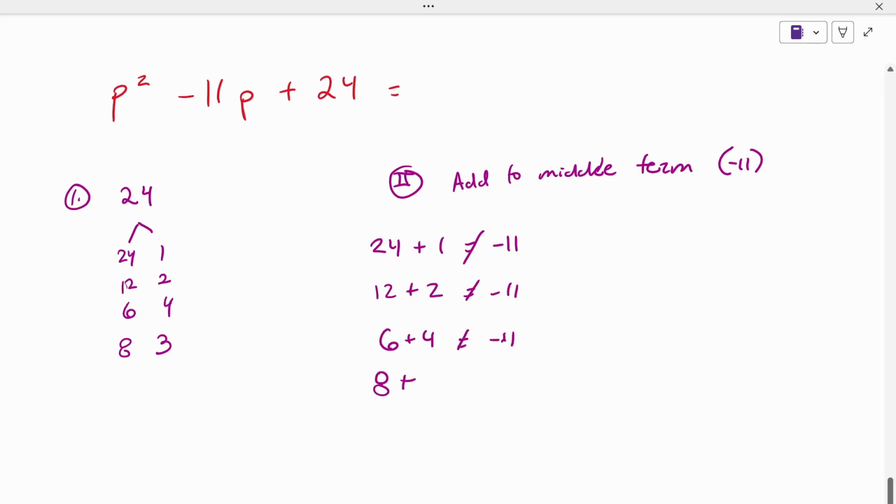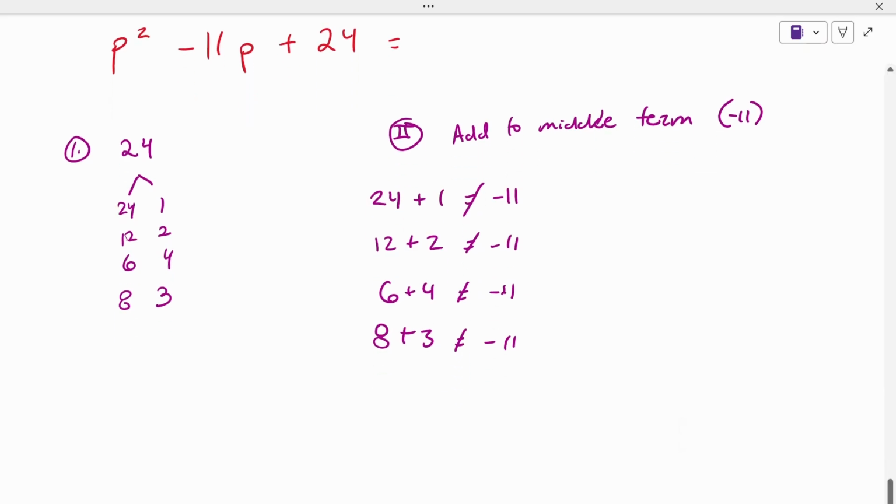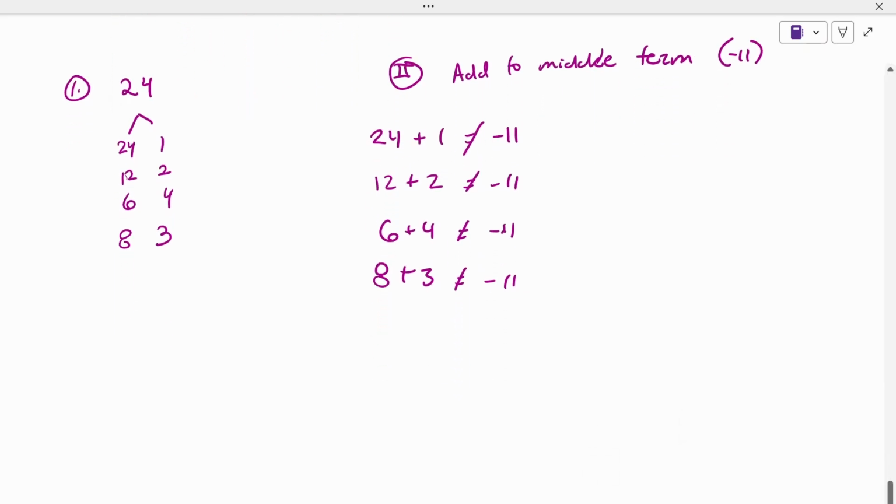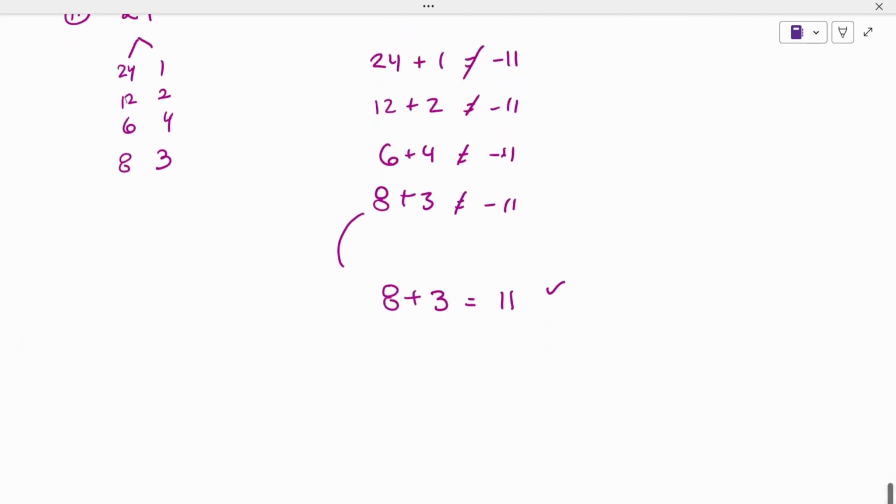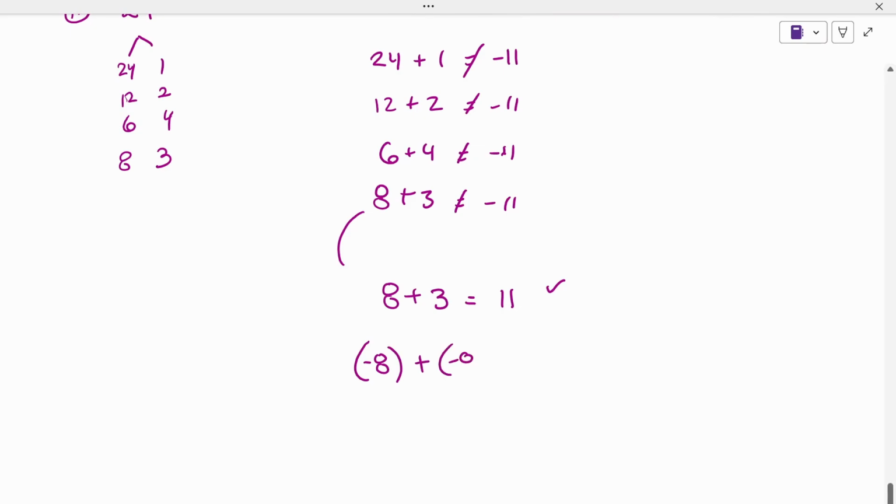And 8 plus 3, that doesn't equal a negative 11. That's an issue. But note, 8 plus 3 does equal 11, a positive 11. And it would be great if we had a negative 8 and a negative 3 to play with, because a negative 8 and a negative 3 would indeed give you a negative 11.